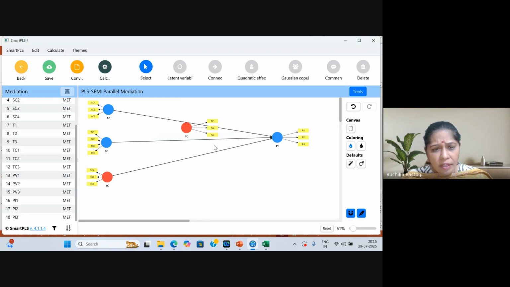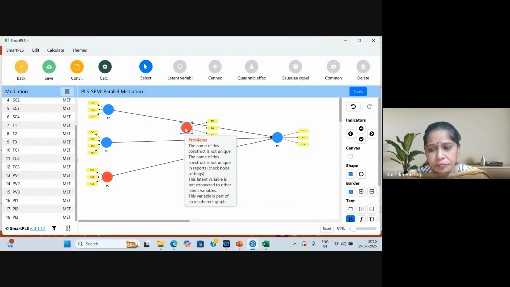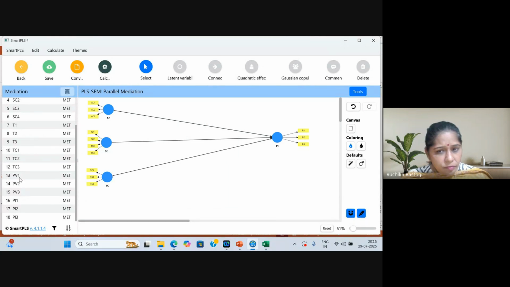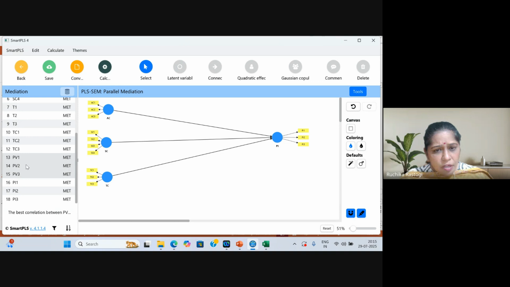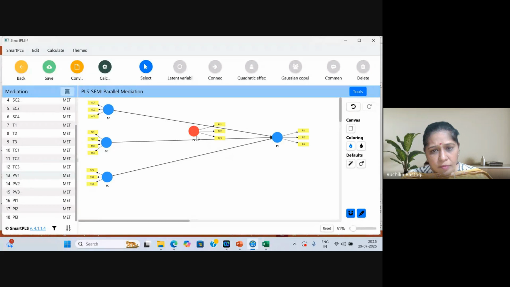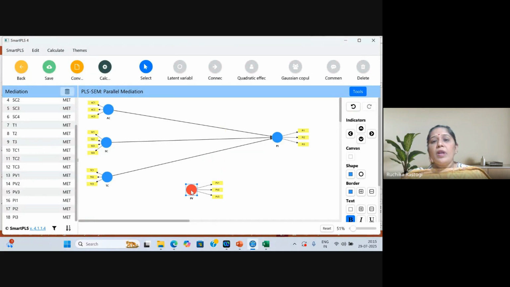Okay, that is already there. Sorry. Maybe PV. So for example, if this is the moderator, how are we going to create the relationship? We will again click on connect.